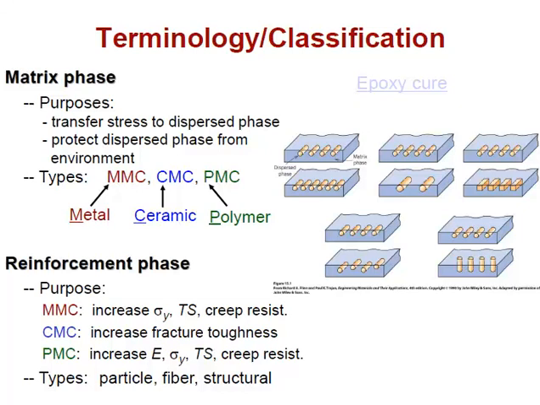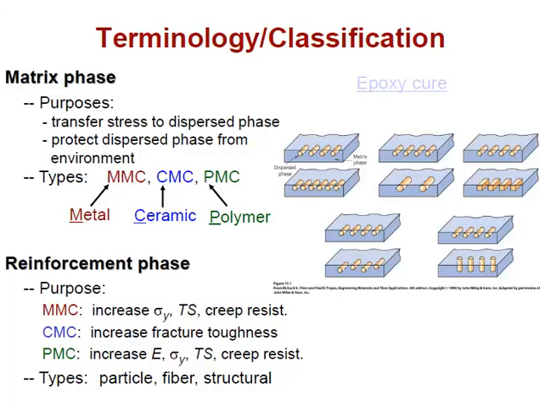First of all, composites are classified by the matrix as the first classification, so you'll hear composites referred to as either metal, ceramic, or polymer matrix composites. And so that's the MMC, CMC, and PMC. So the matrix is the first way they're categorized.